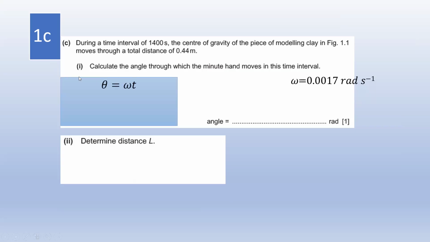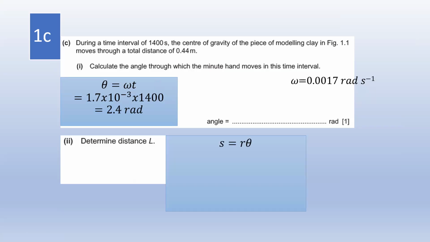We have a problem with how to calculate the distance. Distance is just speed times time, so angular speed times the time. This one is the angle that we calculate, the speed, and then that is your time. Determine the distance L: arc length, S equals R theta.